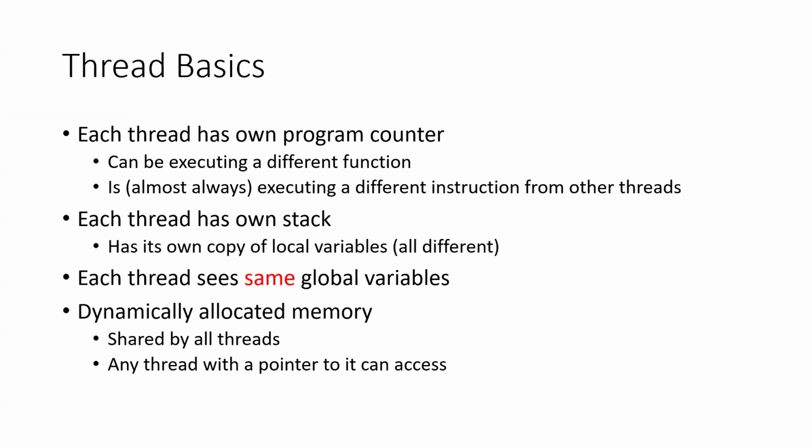Each thread has its own stack. It has its own copy of local variables. Each thread sees the same global variables and the dynamically allocated memories. So each thread that has a pointer to it can read and write dynamically allocated memory.